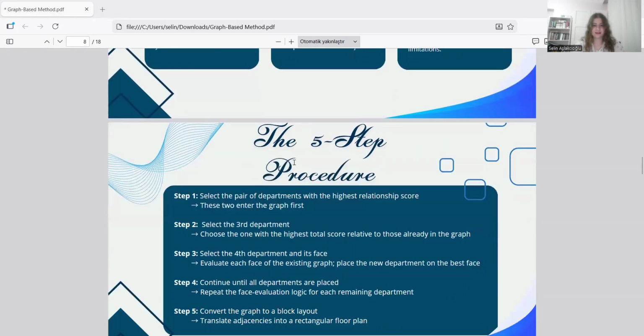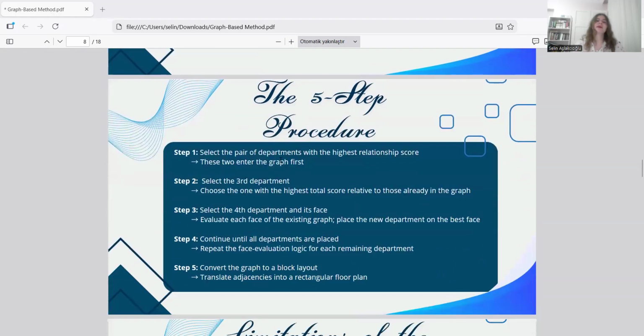We have some steps to apply. The first step is we select a pair of departments with the highest relationship score. These two enter the graph first. Then we select a third department. We will choose the one with the highest total score relative to those already in the graph.